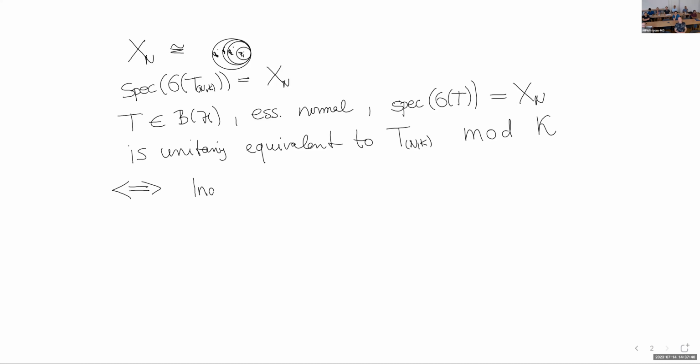None of these points is in the essential spectrum, so they are invertible in the Calkin algebra. They are Fredholm operators.